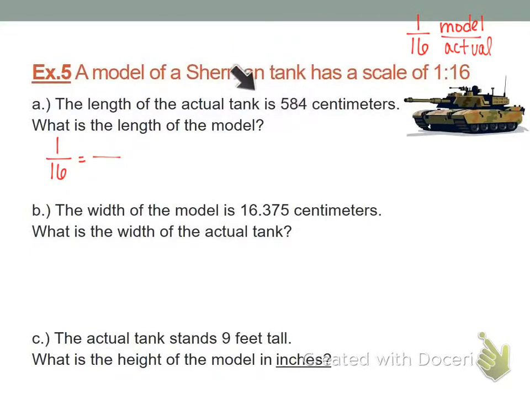So the 584 is the actual tank. Where should that go? On the bottom. If we are trying to find the length of the model, what should we put on top? An X. So when we cross multiply, 584 equals 16x.